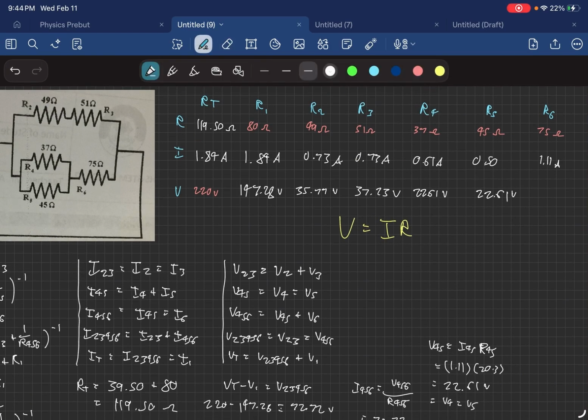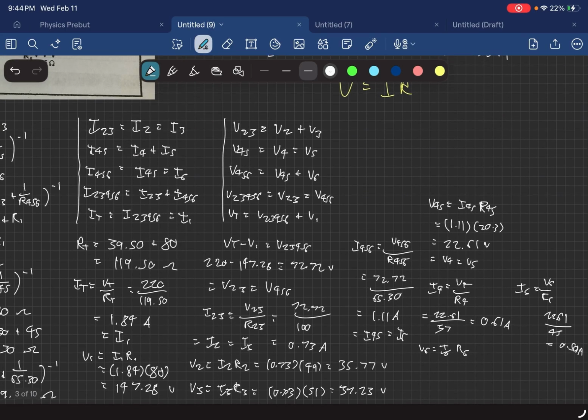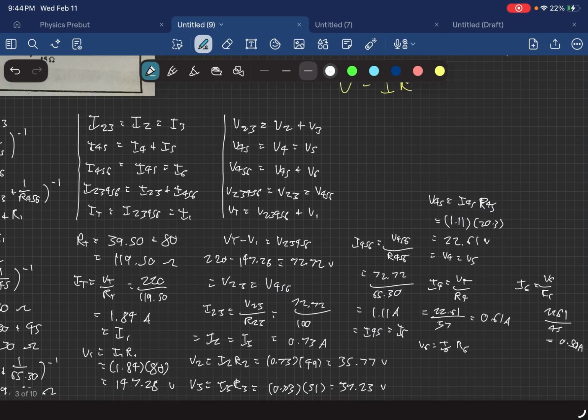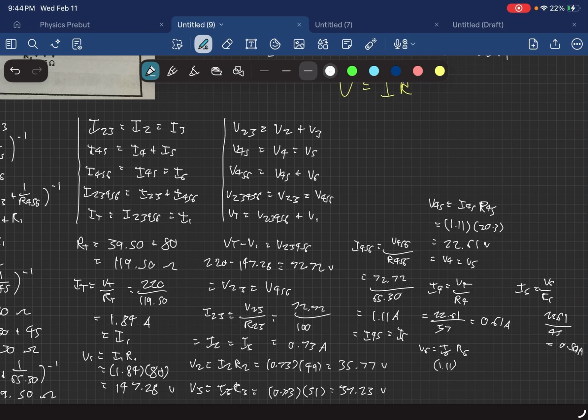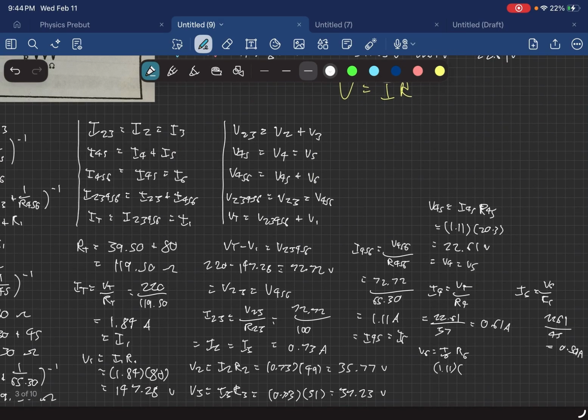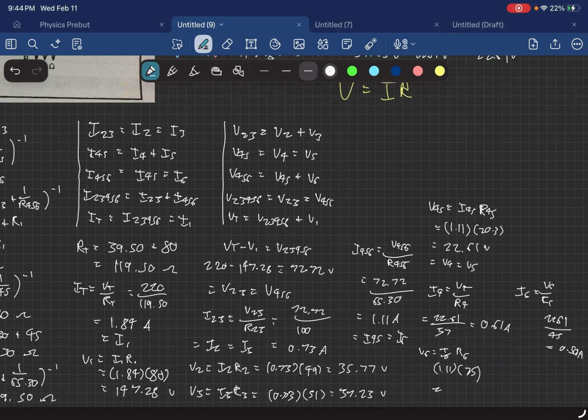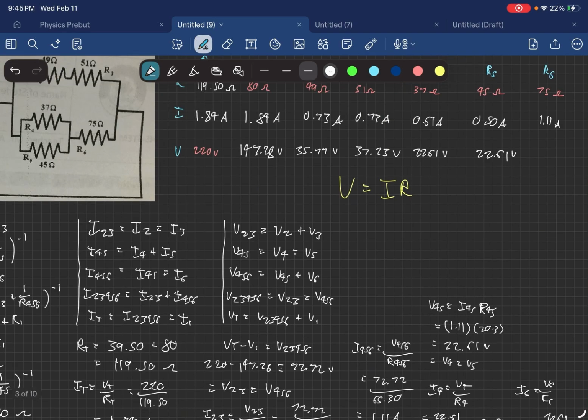And for our V6, which is 1.11 times our R6, which is 75, that gives 83.25 volts.